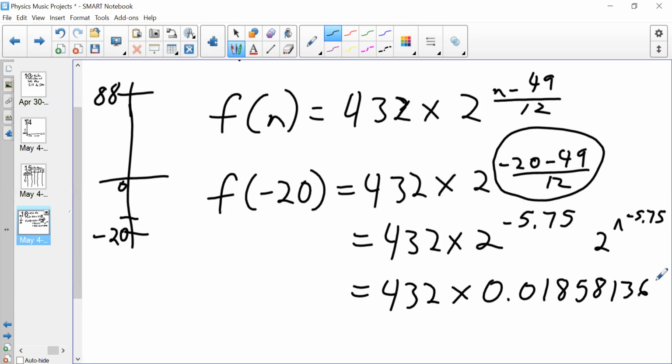I'm just going to write it this one time. Take all the digits on your display and then multiply that by 432. And you're going to get 8.027, etc. So that's how we get the frequency of the minus 20th note, which is the C tone.